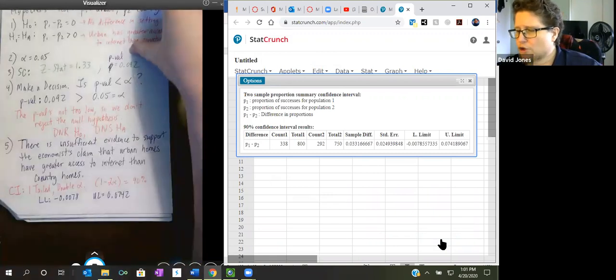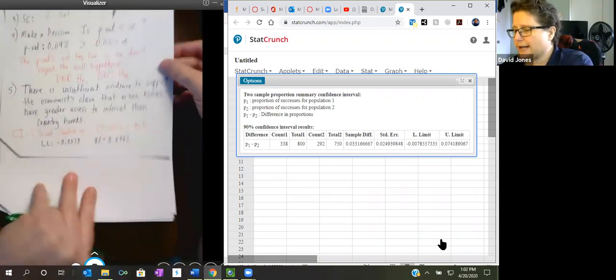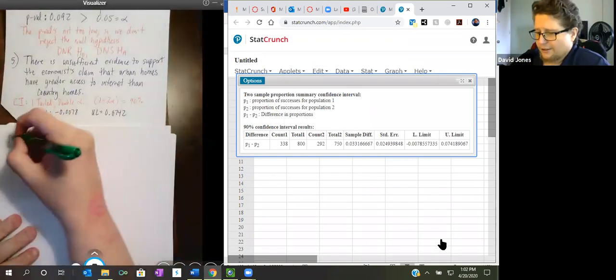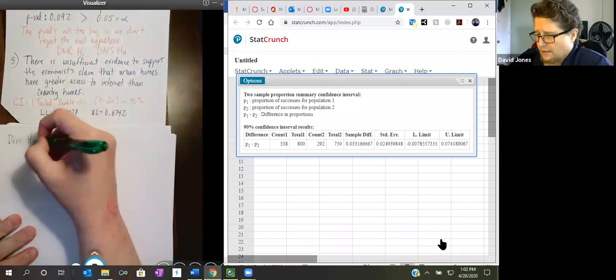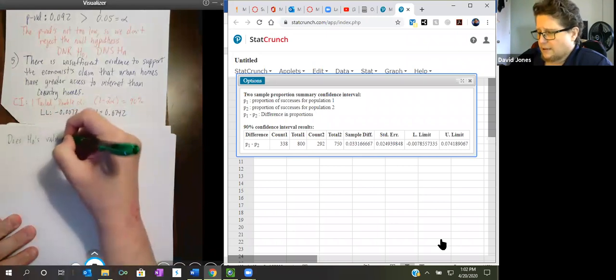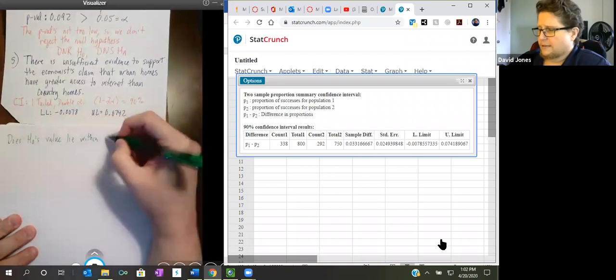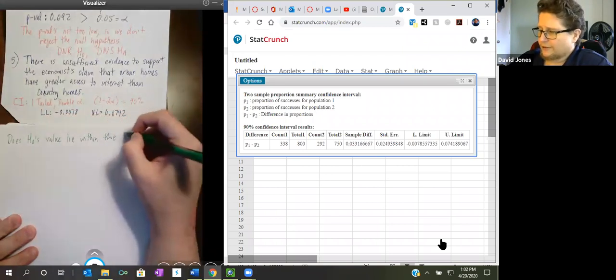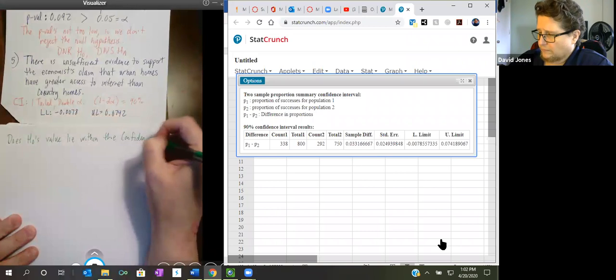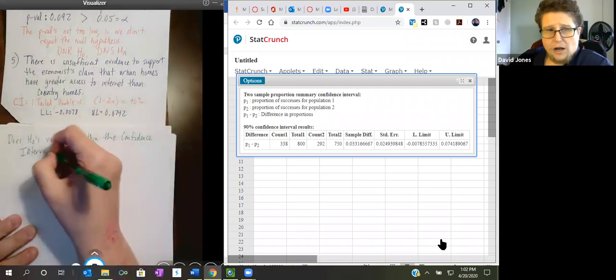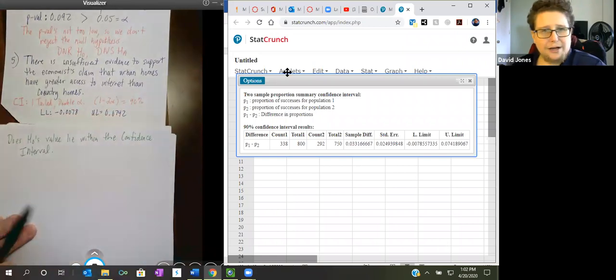And remember, we're checking to see whether or not H0's value lies within the confidence interval. Notice when you do the confidence interval, it's telling you what's being stated.